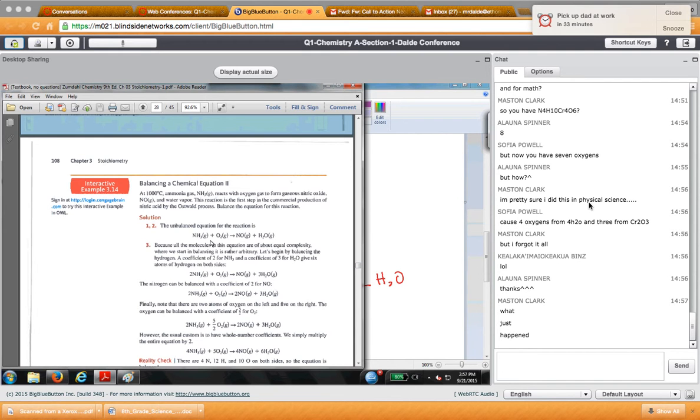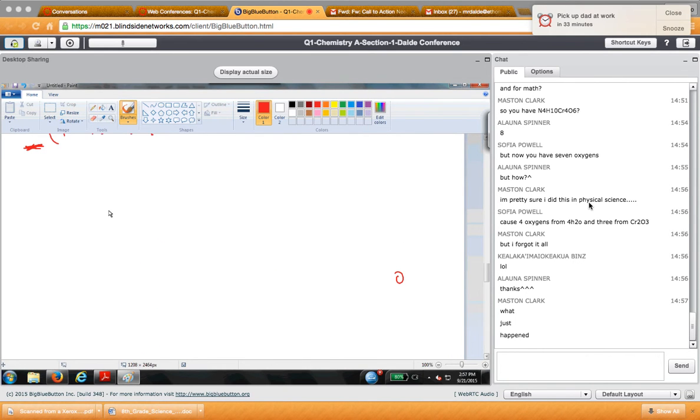The unbalanced version: NH3 plus O2 is NO plus H2O. NH3 plus O2 is equal to NO plus H2O. All right, let's list out the 3 things we have: nitrogen, hydrogen, and oxygen.